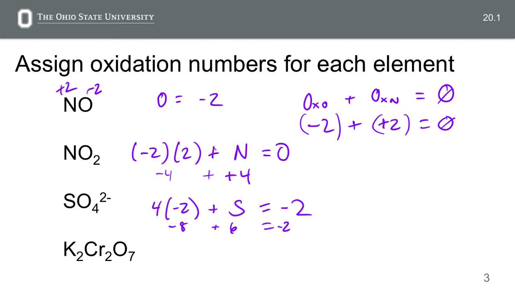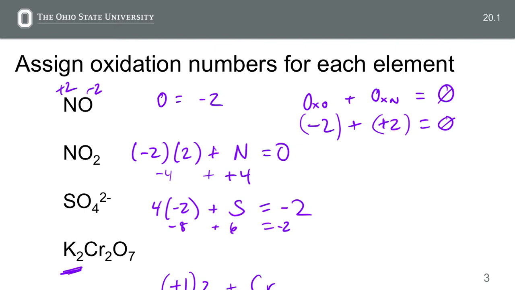All right, what about the last one? Potassium dichromate. Here in this one, we know what the oxidation number should be on potassium. It should be +1, and we have 2 of those.